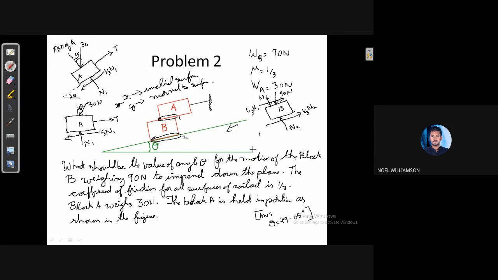Here also we can tilt the direction and make it easier.